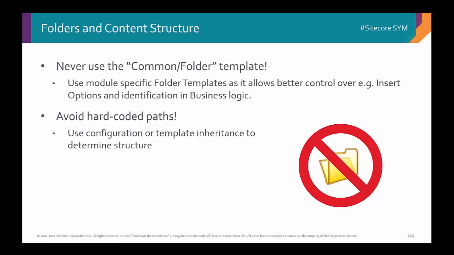Even more cool, you get the option of both. So you've got 3 sites, 2 share a global folder, other have their own. Or you can use the template hierarchy, so you can do ancestors up to find the item that you're looking for, the global folder. So there are different techniques to avoid those hard-coded paths.